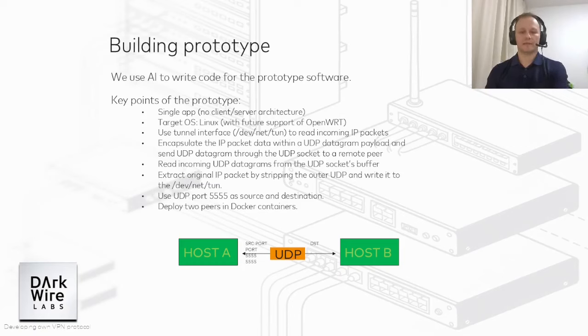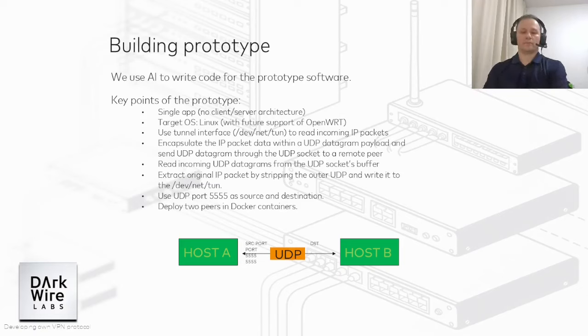whatever packets come to the tunnel interface should be encapsulated in a UDP datagram and then sent to the destination. And of course, this UDP datagram will also be encapsulated in an IP packet before it can be sent by the operating system. And the same applies to incoming traffic from the VPN peer.